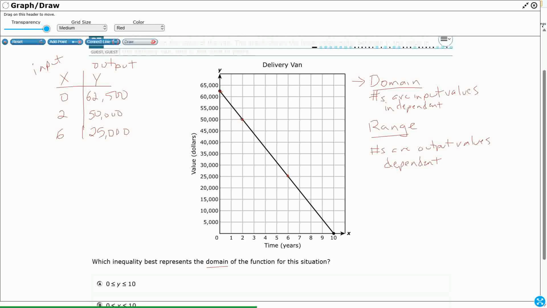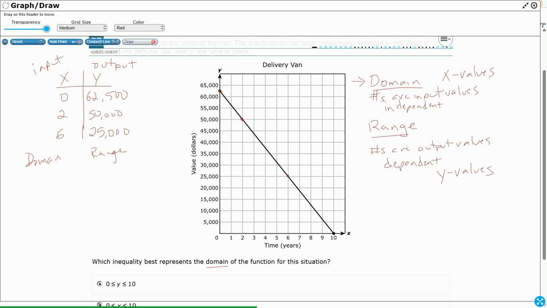Well, if we have our input values as our x's, that means our domain is always going to be our x values, and our range is always going to be our y values. So these are your x values, and these are your y values. D comes before R alphabetically, so x comes before y alphabetically. You can use that.